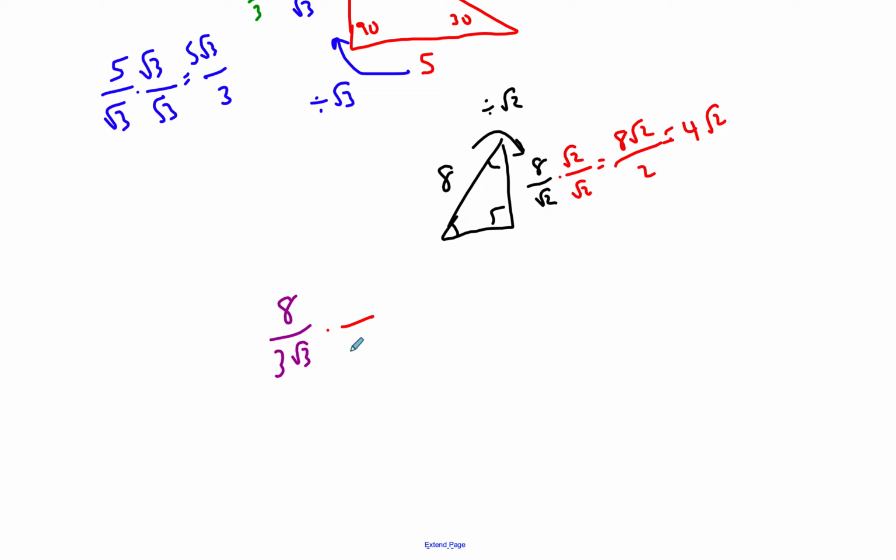You only need to multiply by the square root portion. Remember, the 3 is not irrational, so you don't need to fool with it. What it does mean, though, is you're going to get 3 times 3 on the bottom and 8 square root of 3 on the top. So that would be 8 square root 3 over 9. That's really all there is to it.